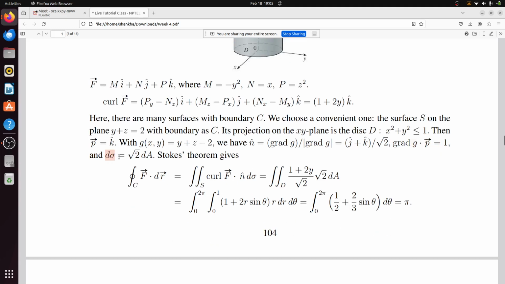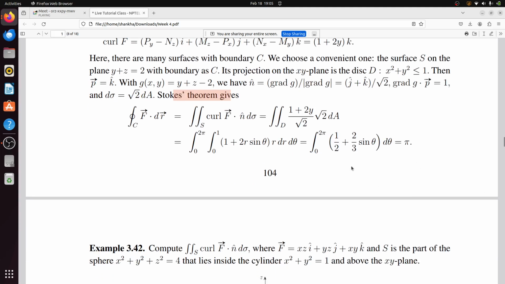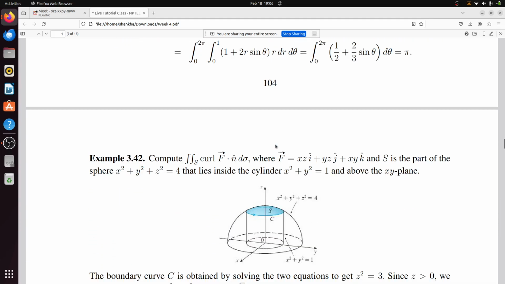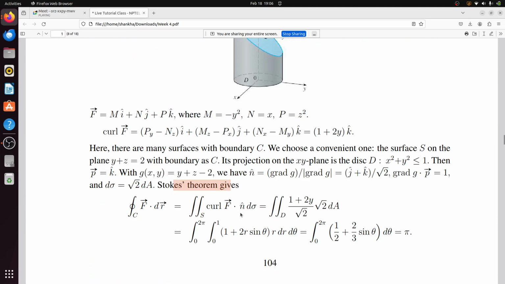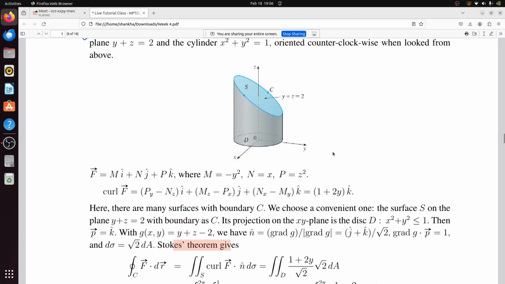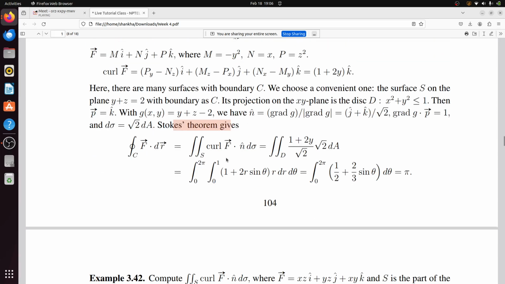You determine the d sigma, you will compute using Stokes theorem, and you will get this to be equal to pi. Same, everything is same. This is just for your practice purpose. I think you can easily solve these problems.